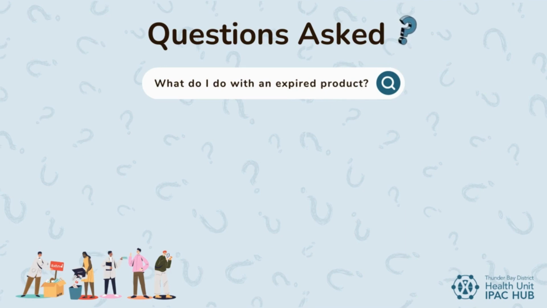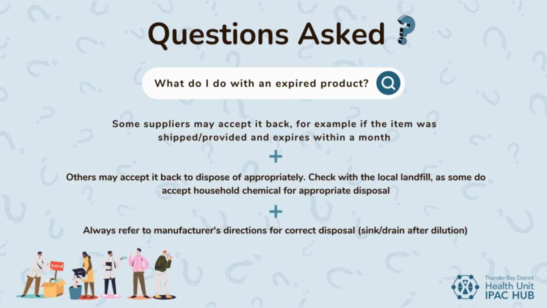The second most common question we get is, what do I do with an expired product? For expired products, some suppliers may accept the product back, for example, if it was shipped or provided to you and it ends up expiring within the month. In addition to that, some suppliers may accept it back to ensure that it is disposed of properly.